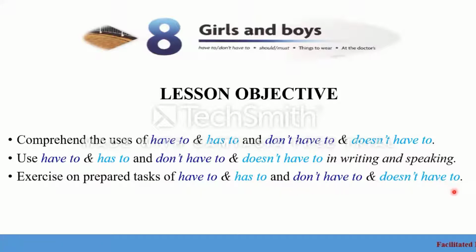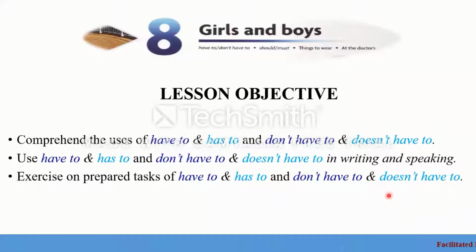You will also be able to use them in writing and speaking, and exercise on the prepared tasks. This means you will learn the theories, and practice doing some exercises to strengthen your capacity in English using these phrases, right? Great job, guys.